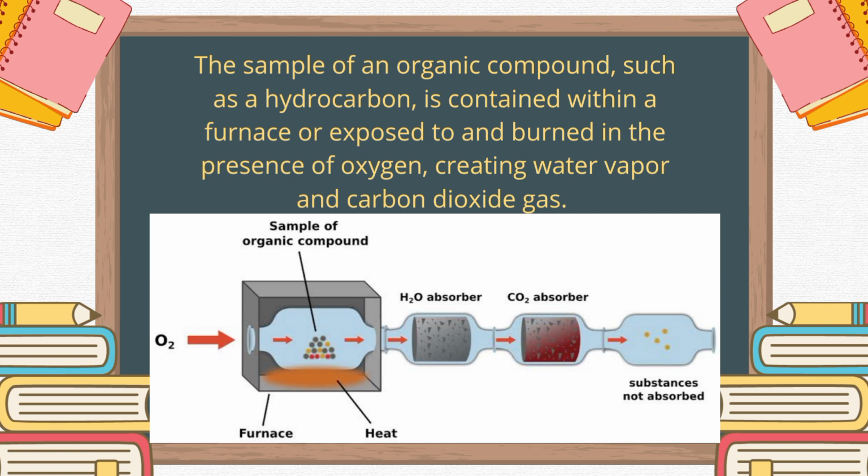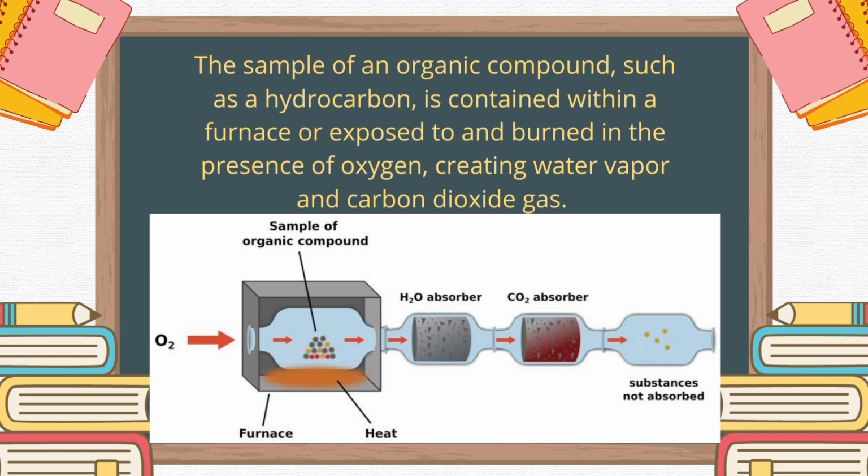It is contained within a furnace and burned in the presence of oxygen, creating water vapor and carbon dioxide gas. Combustion analysis is a popular method used to determine the chemical formula of certain compounds. This is what your basic combustion analysis apparatus looks like.